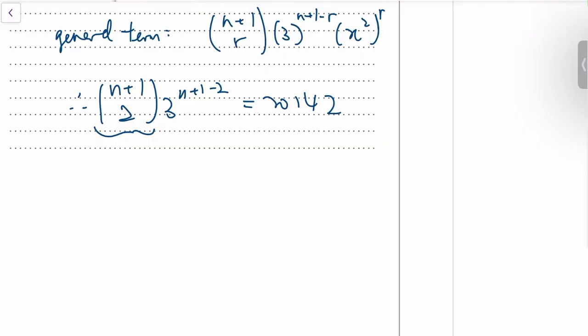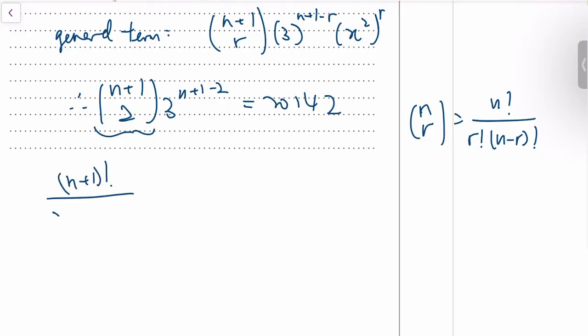So we'll have to simplify the nCr using the nCr formula, right? If it's nCr, then it's n factorial over r factorial times n minus r factorial, right? So it's n plus 1 factorial over 2 factorial times n plus 1 minus 2 factorial, times 3 to the power of n minus 1.